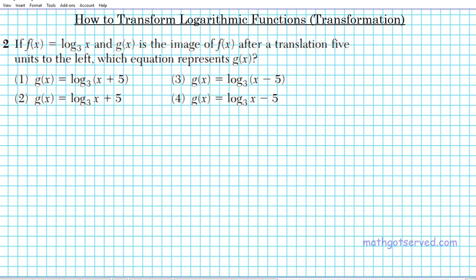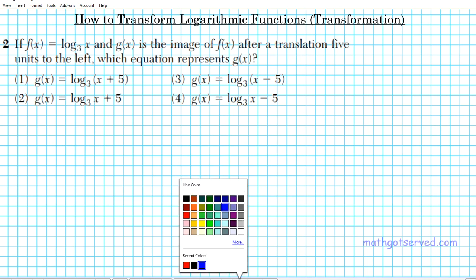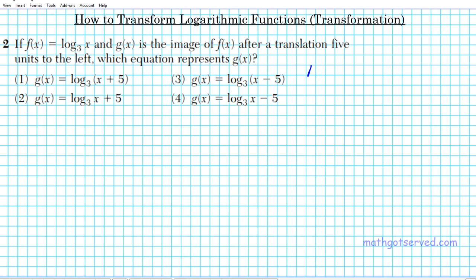Okay, so let's review our transformation formulas real quick, and then we're going to adapt it to this particular problem. We need to remember the following concerning transformations. First of all, you need to know what happens when you compose a function with x plus h.